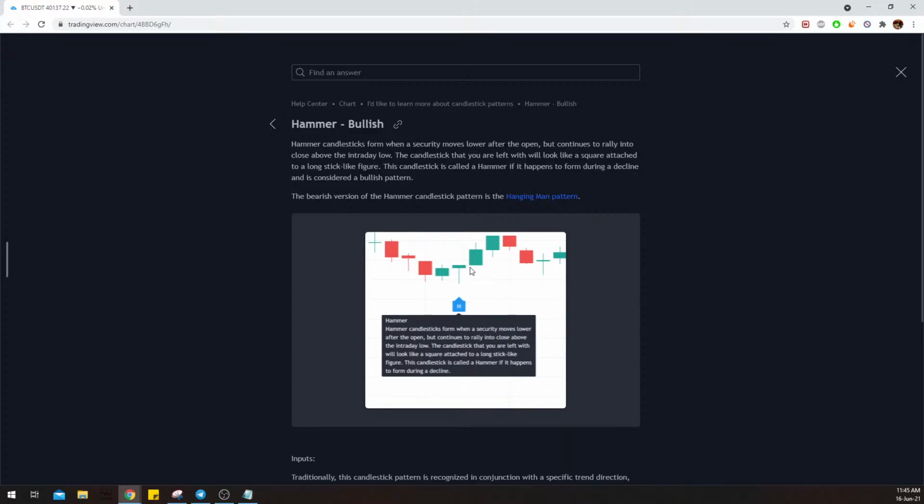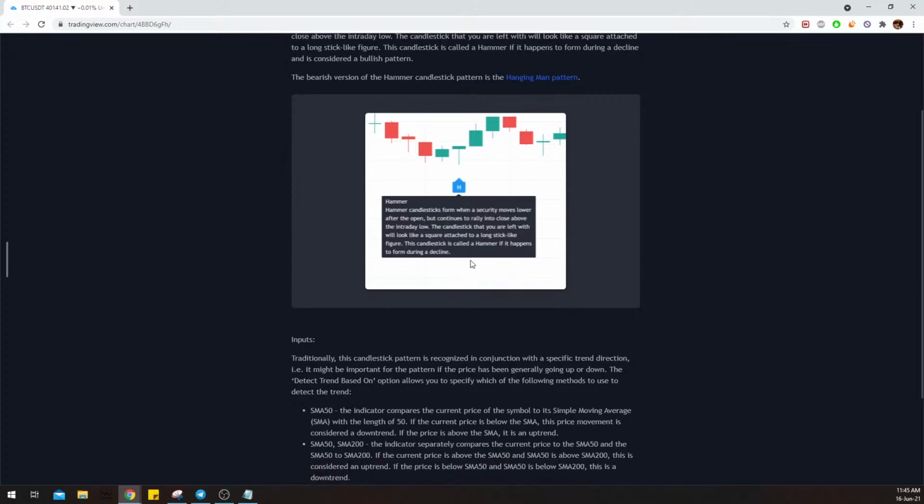So we have the open, but then we have such a big low movement, but at the end of the candle, we close above. So we had an initial decline, but in the end the close is going to be above the open price.